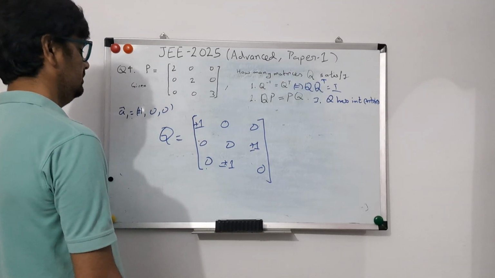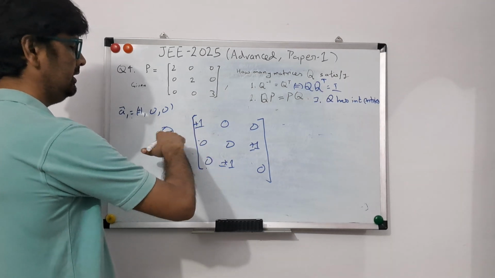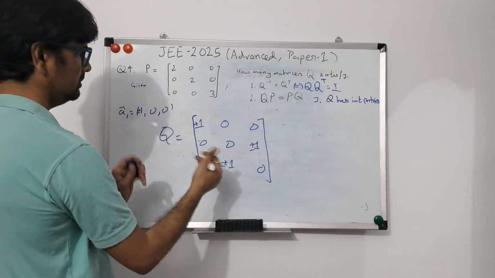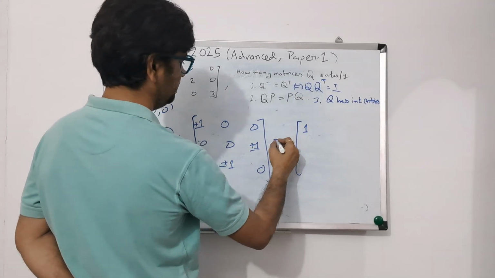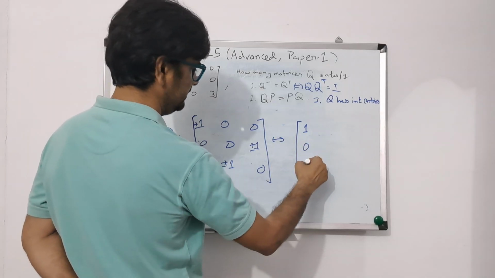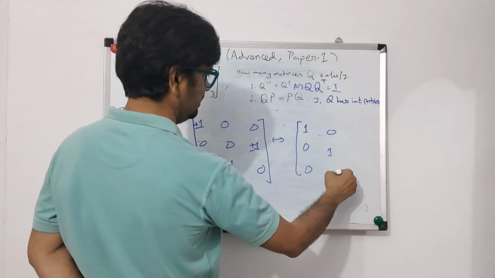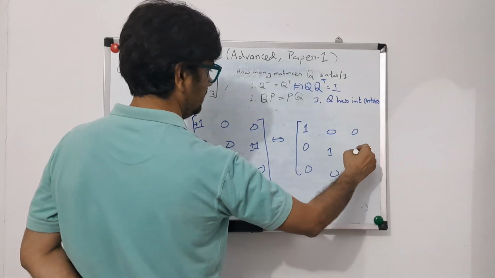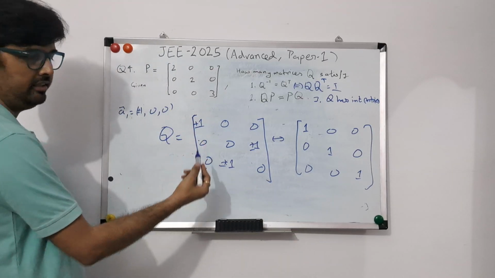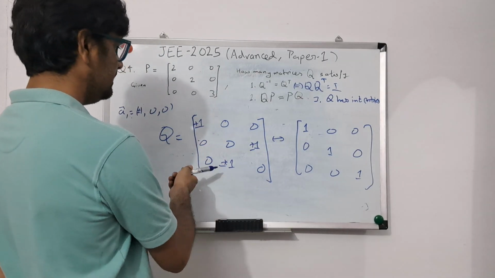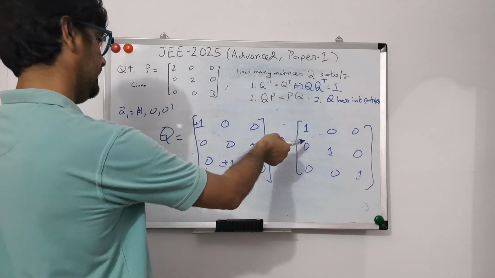This is actually a rearrangement of the columns of the identity matrix, or a rearrangement of the rows of the identity matrix, if we ignore the sign of the non-zero entries. How?